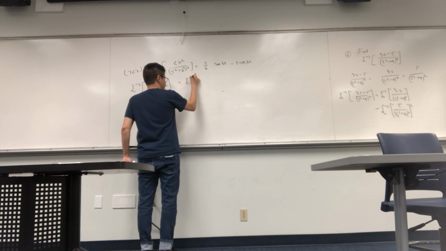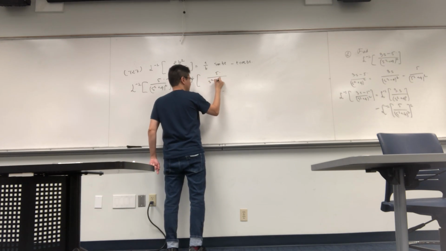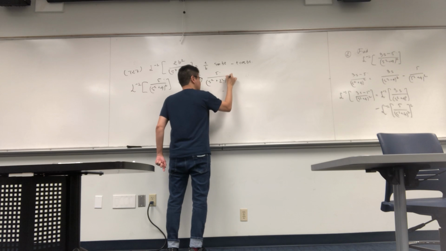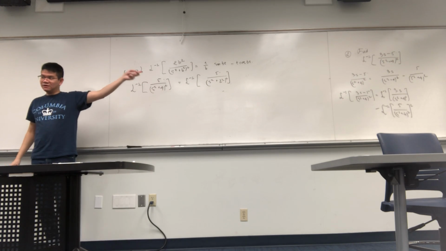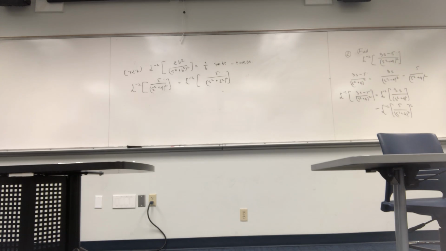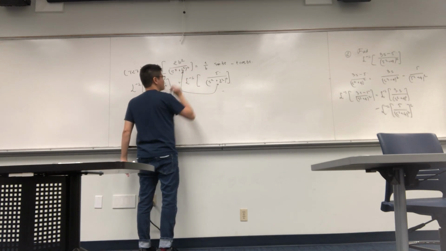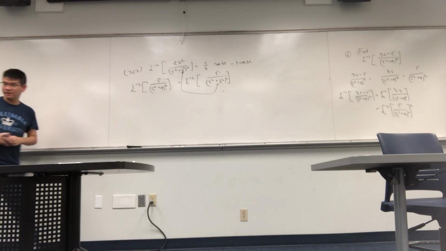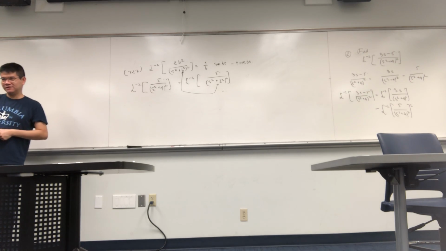So this is 5 over s squared plus 2 squared. Right? 4 is now 2 squared. All right? Which means that in this case b will be 2. So what should I multiply and what should I divide on the top?